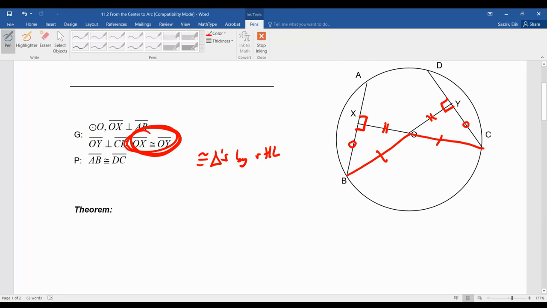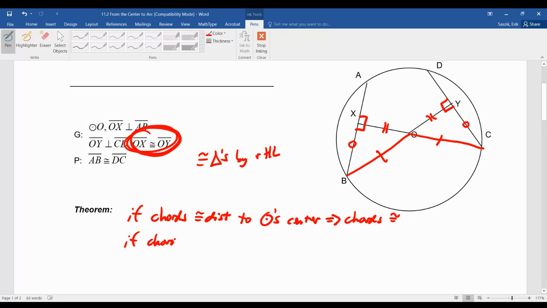Once you have that, we just proved: if chords are equidistant to a circle's center, then the chords are congruent. The converse is also true. I'm not going to prove that one though. But if chords are congruent, then they are equidistant to the circle center.